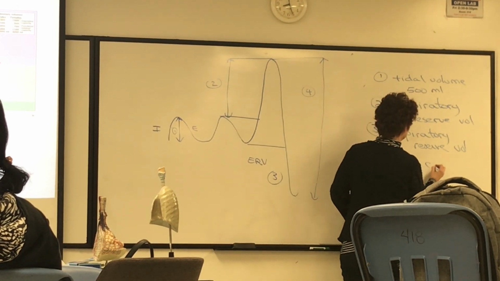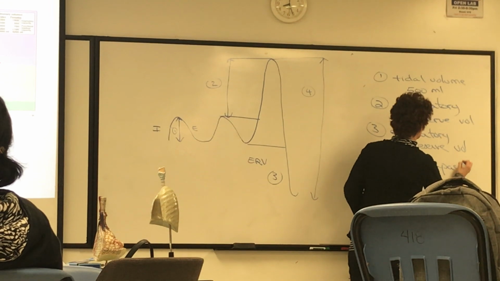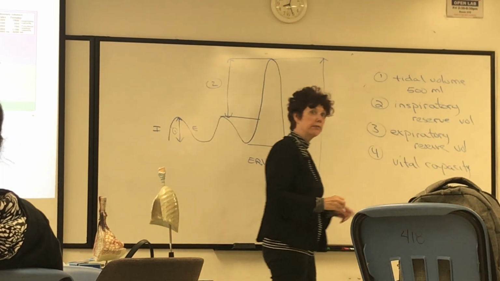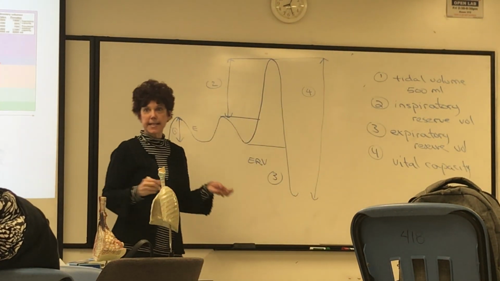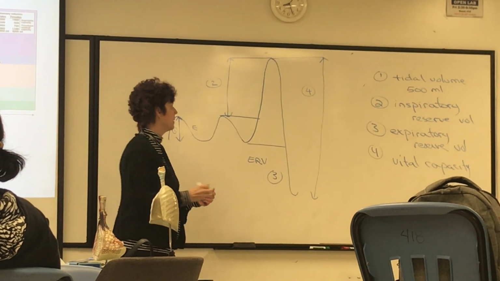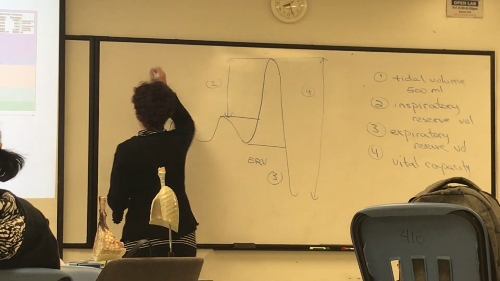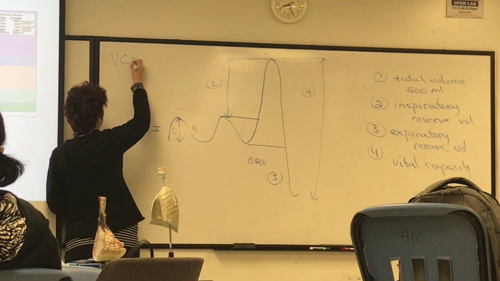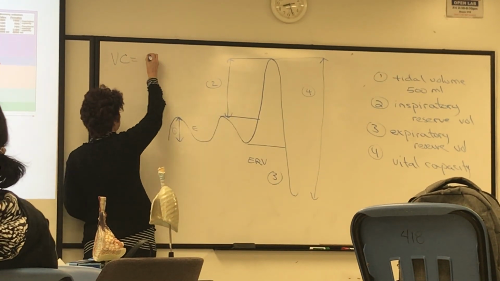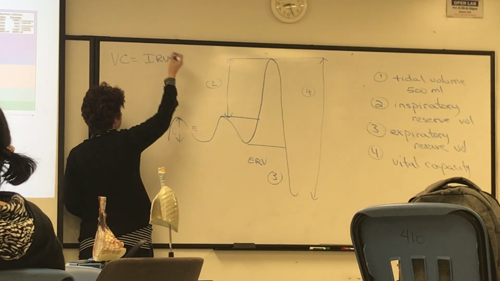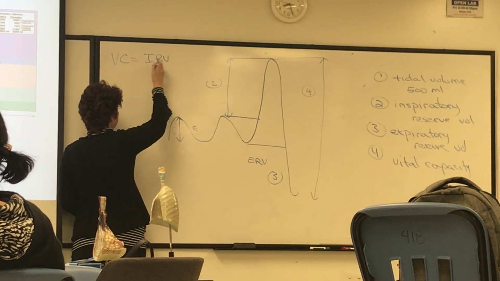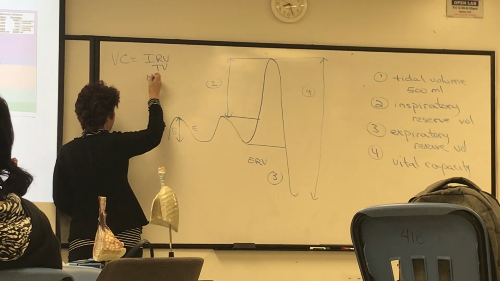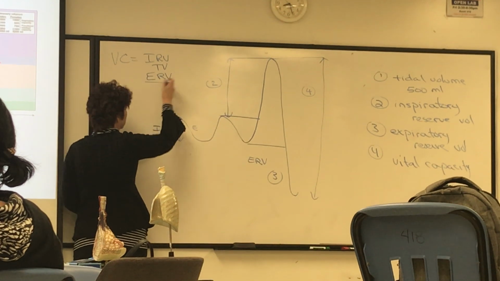Vital capacity, sometimes called forced vital capacity, but whether it's vital capacity or forced vital capacity, the volumes will be the same. So vital capacity is equal to the sum of inspiratory reserve plus tidal volume plus expiratory reserve. Okay?